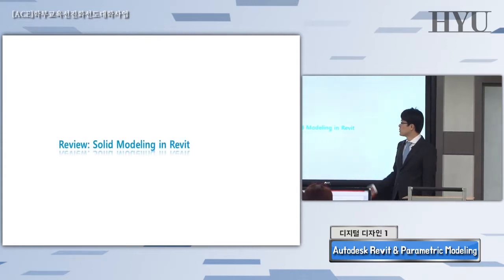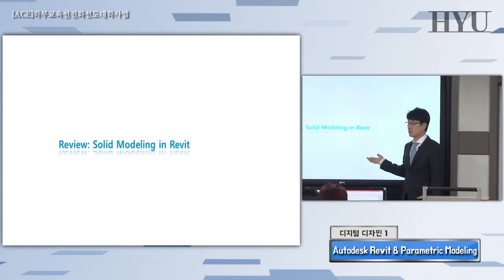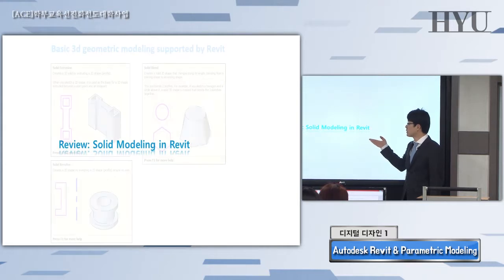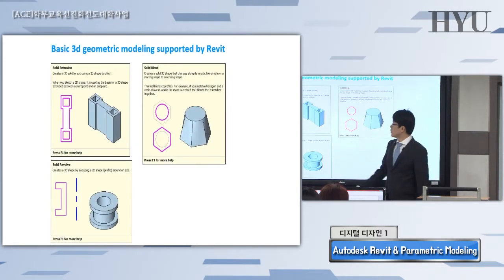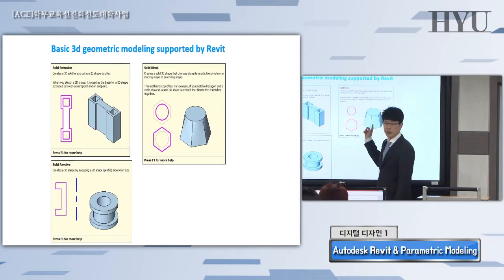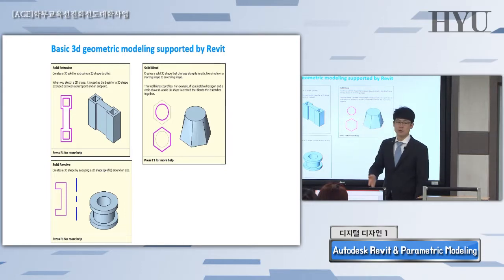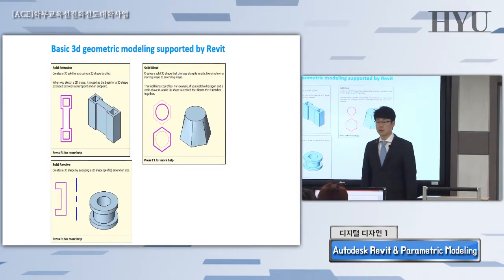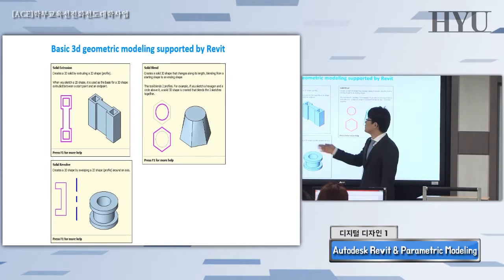So another review, solid modeling and parametric modeling, okay? In Revit, you can make this kind of shapes easily because you have learned SketchUp, 3ds Max, Rhino, or some other tools. Even by PowerPoint, you can create this kind of shape, okay?